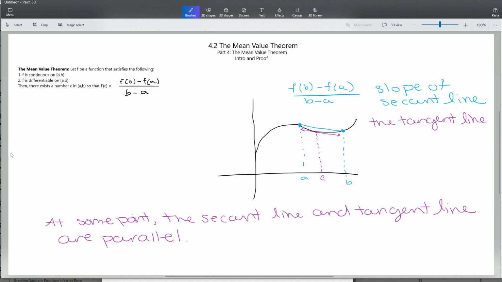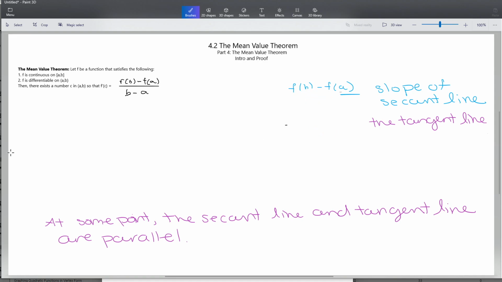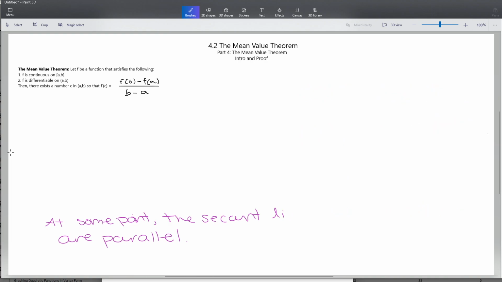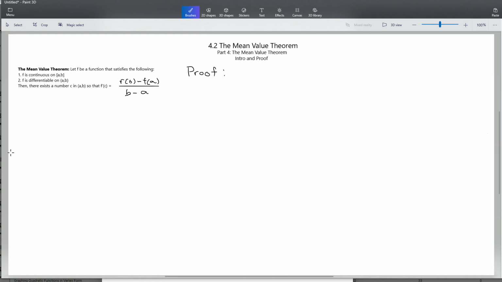Okay, so now that we kind of graphically understand what this is telling us, let's look at a proof of this theorem. Now, the most important thing for us to remember when we're looking at this proof is Rolle's theorem, what we just went over, because that's the main thing that we're going to use here. So the first thing we're going to do is define this function g of x.